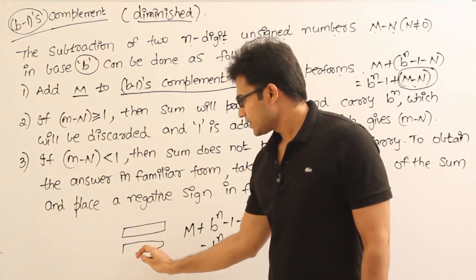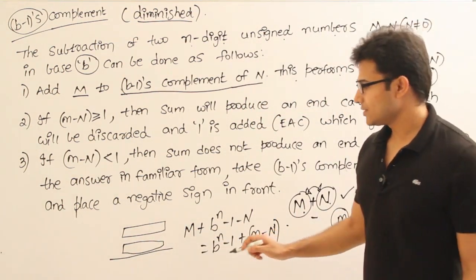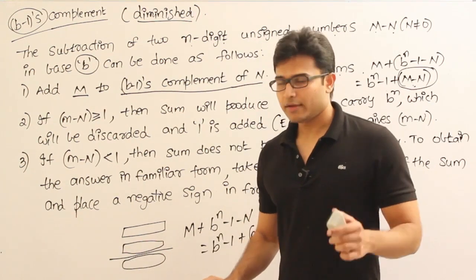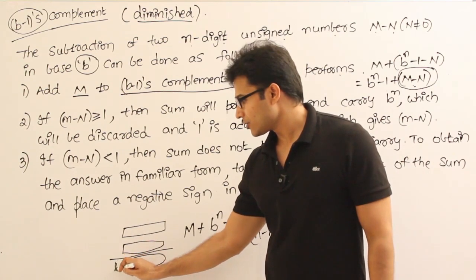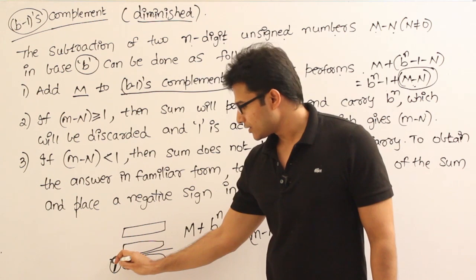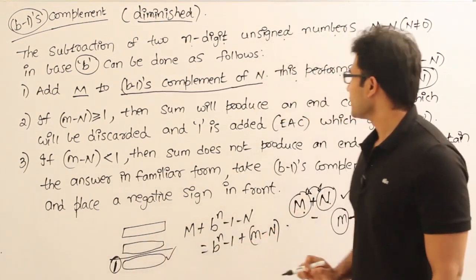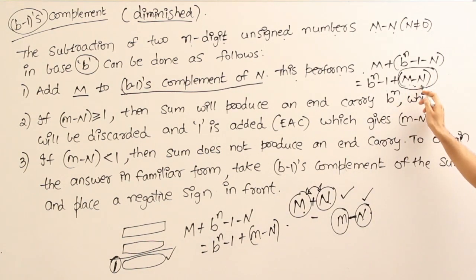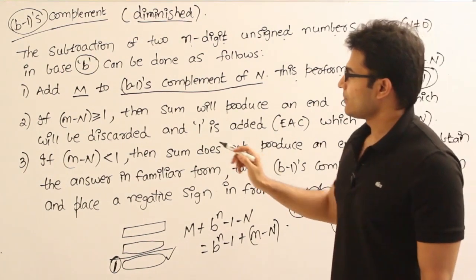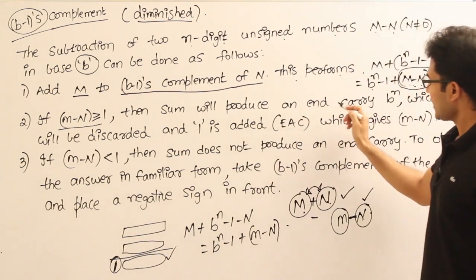And when m minus n is greater than or equal to 1, then definitely there will be a carry out here, isn't it? So b power n we will get only whenever this is greater than or equal to 1. Therefore, if m minus n is greater than or equal to 1, then the sum will produce an end carry.